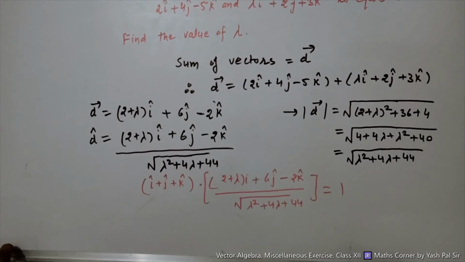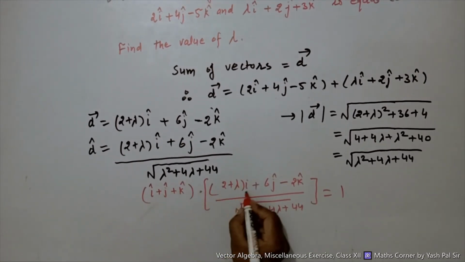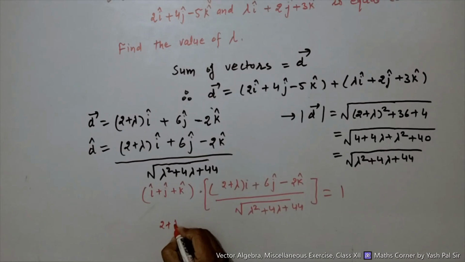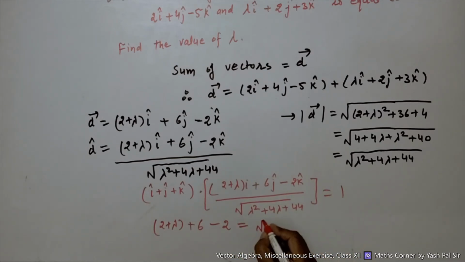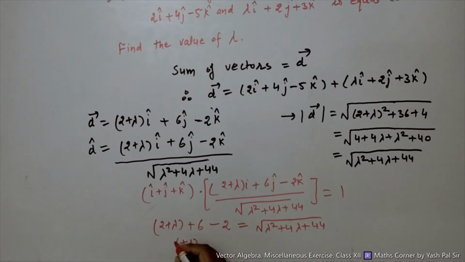Now we solve this. It becomes 2 plus lambda plus 6 minus 2, and the denominator, square root of lambda square plus 4 lambda plus 44, goes to the right hand side. Now squaring both sides, the left side becomes 6 minus 2 is 4, 4 plus 2 is 6 plus lambda, its whole square.